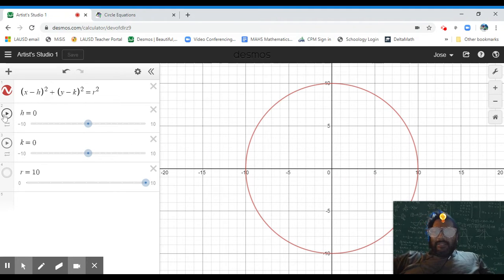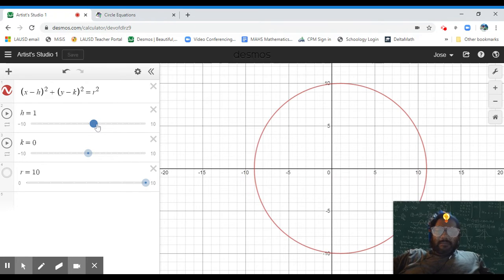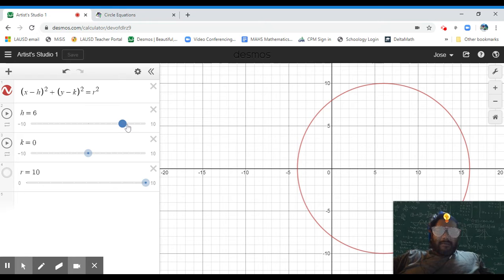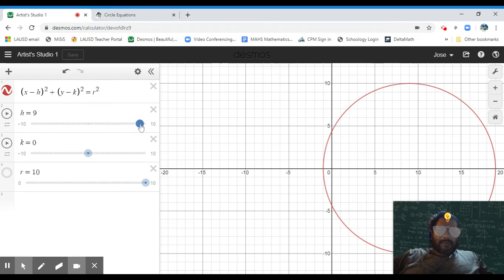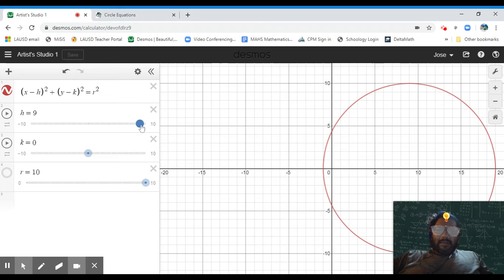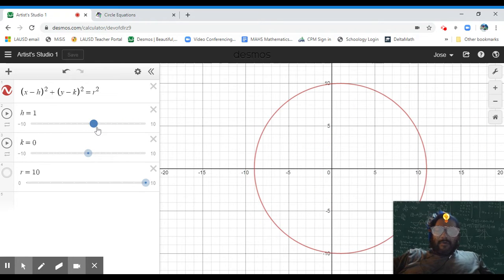Okay, so h is this one. If h was 0, the circle would be right here. So what happens if h is 1, 2, 3, 4, or 5? What's happening to the circle? You guys notice this, right? It's moving to the right. Let me start again at 0.